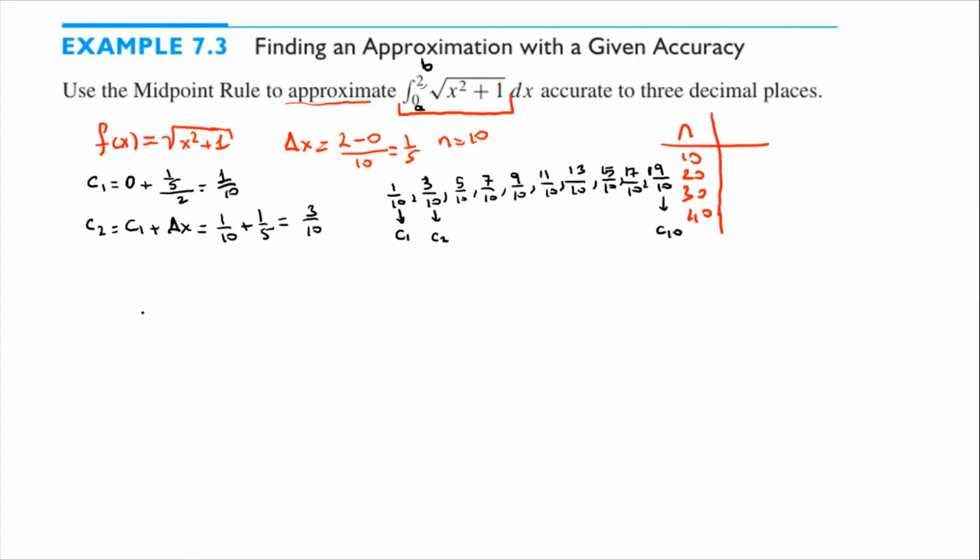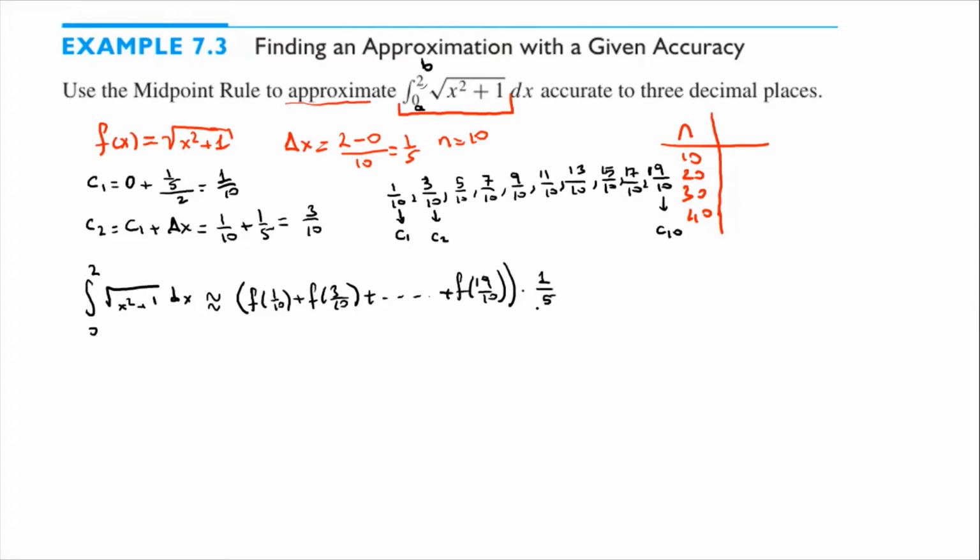So what we're going to do, we say the integral from 0 to 2 of radical x squared plus 1 dx by the midpoint rule is approximately, in the bracket, f of 1 over 10, plus f of 3 over 10, plus, right, until the last one, which is f of 19 over 10. And we multiply them all by delta x, which is 1 over 5.